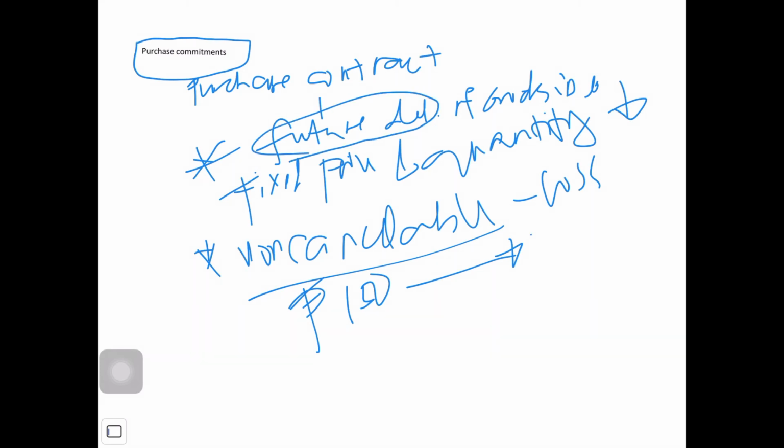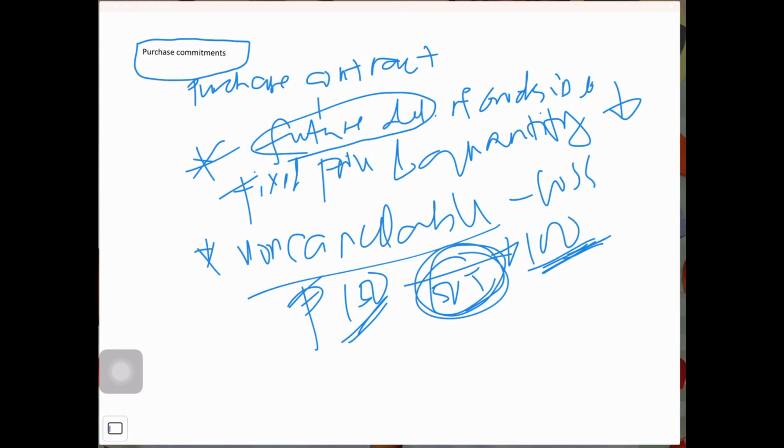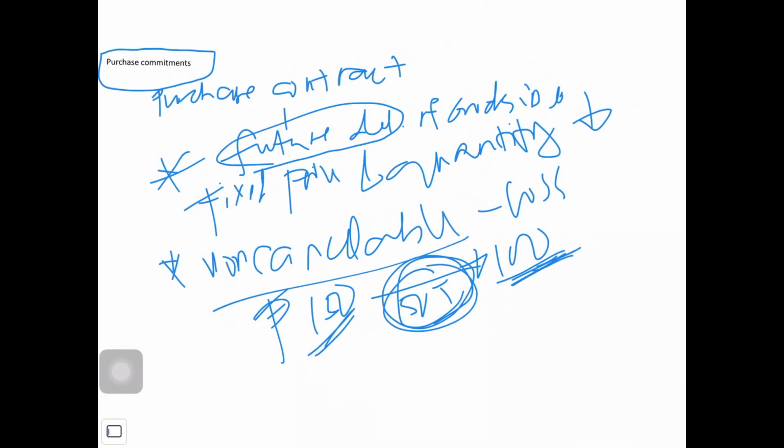So there is a 50,000 loss, because you will pay 150 but the value at the current price is 100. So that is a loss of 50. And if this is non-cancelable, guys, this would be recorded. And if the contract is silent, then it is presumed non-cancelable, because why would you even have a purchase commitment in the first place if it could be canceled? So what's the use?